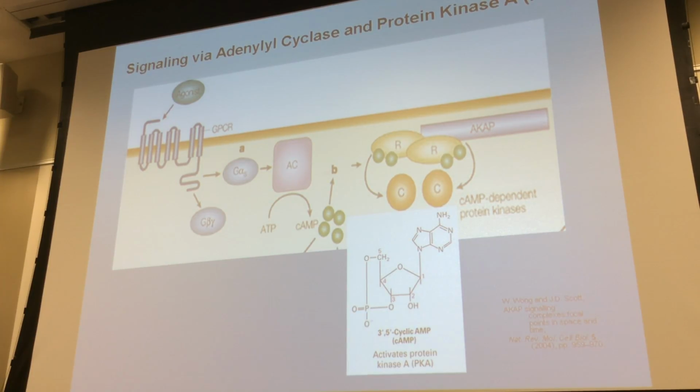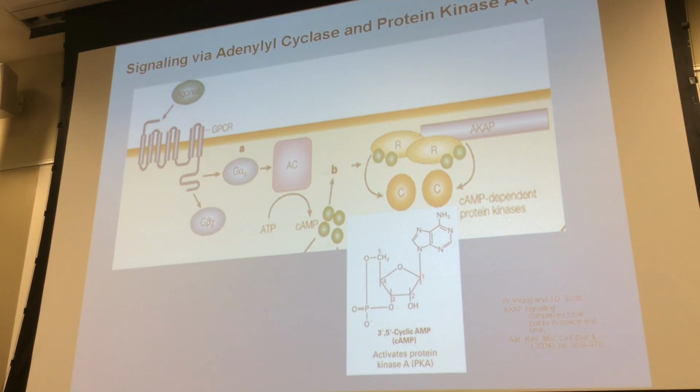We pronounce that ACAP. It stands for A kinase anchoring protein. So A kinase anchoring proteins are generally going to hold this protein kinase A in the vicinity of where the adenylyl cyclases are. So this cyclic AMP does not have to diffuse widely within a cell to look around and try to find its protein kinase A. It will probably be very, very close.